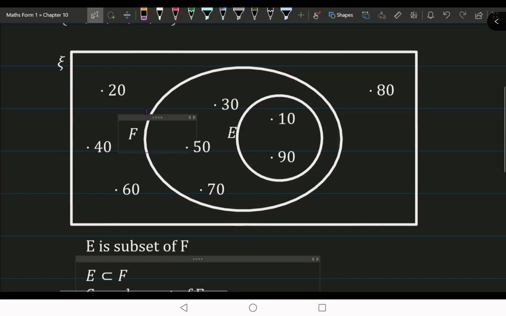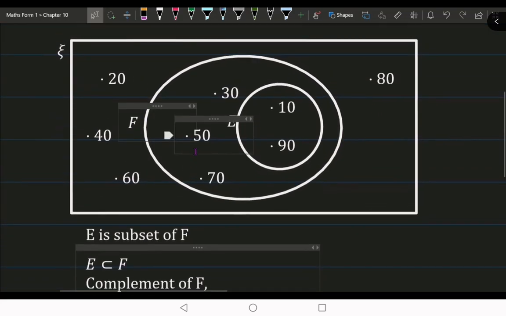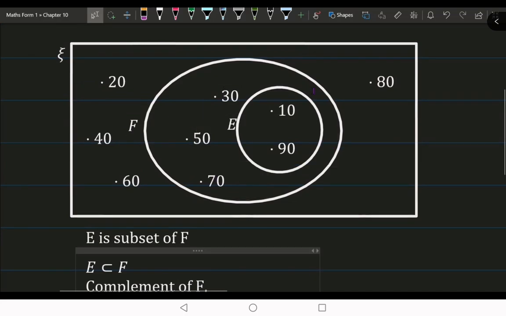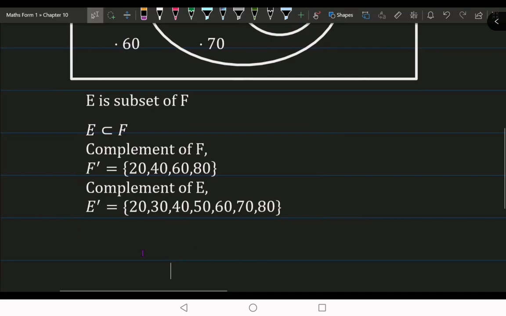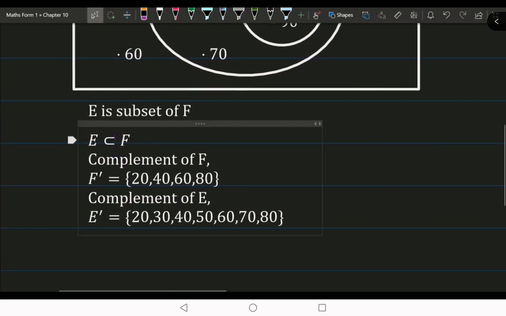You can use other shapes, but inside here you cannot use a rectangle or square. Only the universal set uses a rectangle or square. So be careful. It is an important thing for you to understand.